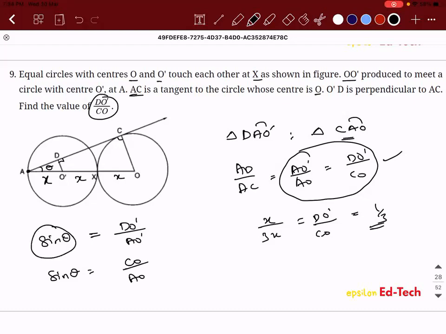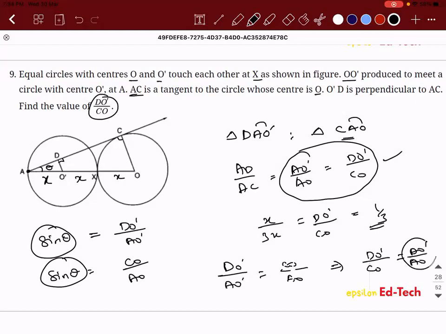So since on both sides it is sine theta, DO dash divided by AO dash is equal to CO divided by AO, which implies DO dash divided by CO is equal to AO dash divided by AO. It's the same, correct? Guys, am I clear? Yes, sir. Okay, that is another logic.